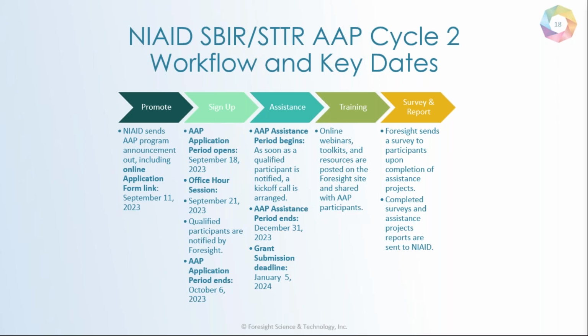So as soon as the eligibility of a participant is confirmed, a participant will receive notification that they are part of cycle 2 of the NIAID Applicant Assistance Program, and we will schedule an important call, which is called a kickoff call, and this will be the first interaction between the program participant and a Foresight senior consultant.